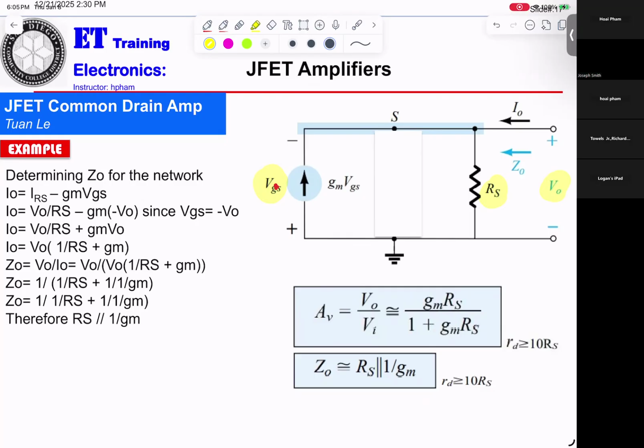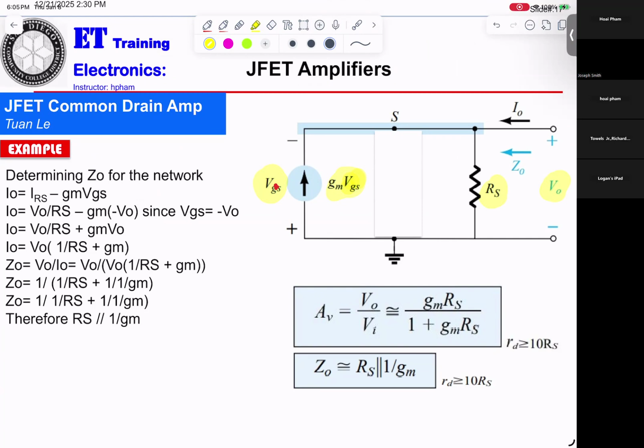Let's see. In here, the output current I out equals IRS minus GM times VGS. This is the GM times VGS, and IRS goes this way, opposite to GM VGS.